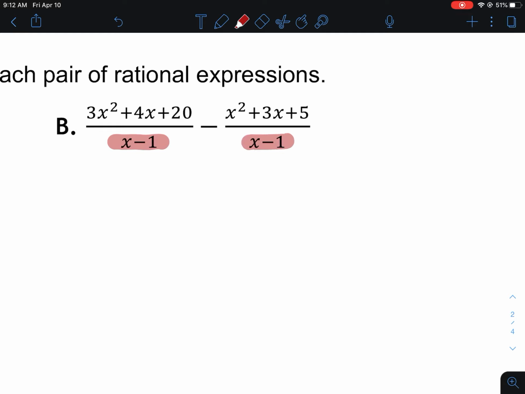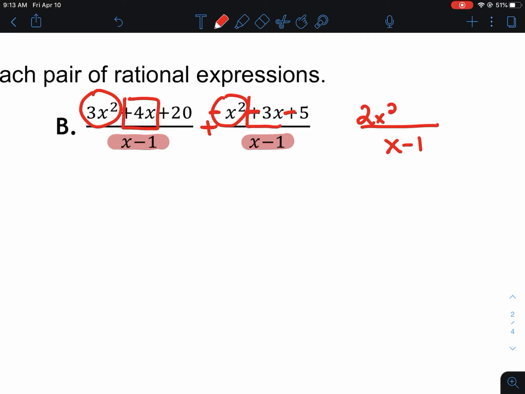All right, we have the denominator of x minus 1. And then I'm going to distribute this subtraction. When I do that, it's just going to change all these signs. So if they're plus, it's going to change them all to minus. Okay, so now I have 3x squared minus x squared is 2x squared.